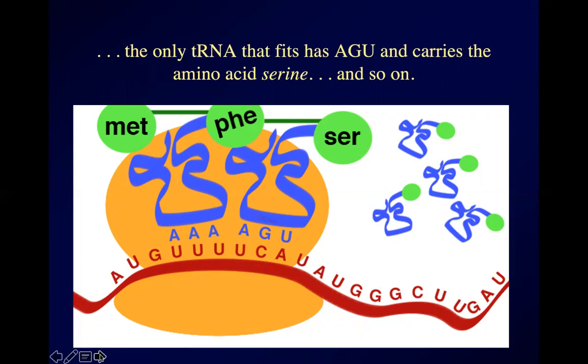And the process continues on and on. Every time that happens, a new transfer RNA will come in. It will bring the right amino acid. The old transfer RNA molecule will fall off, and this will keep going until we have a whole chain of amino acids.